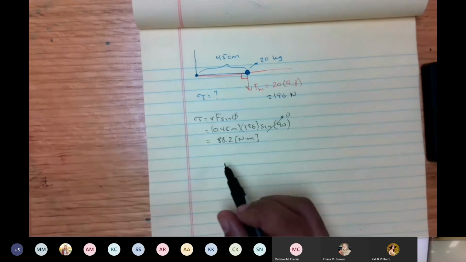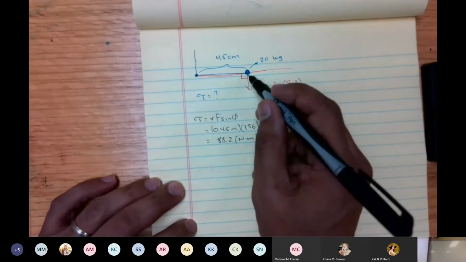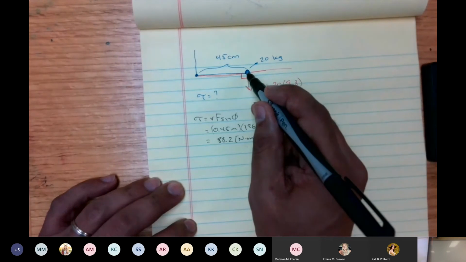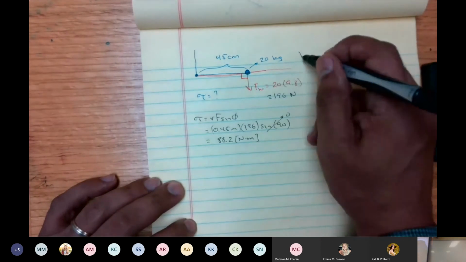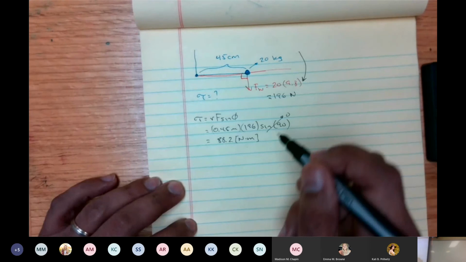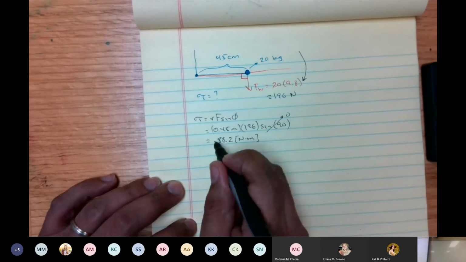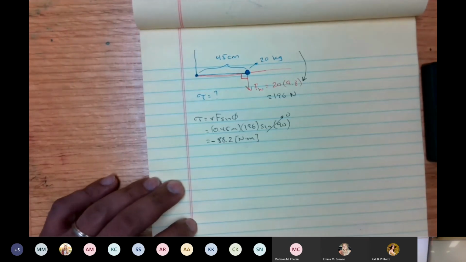You can imagine that this dumbbell is moving your arm clockwise. So this torque is going to be a negative torque. Make sense?